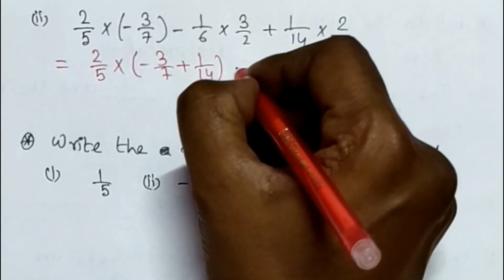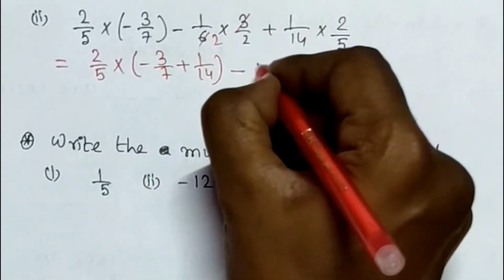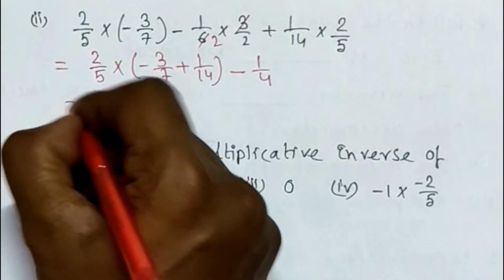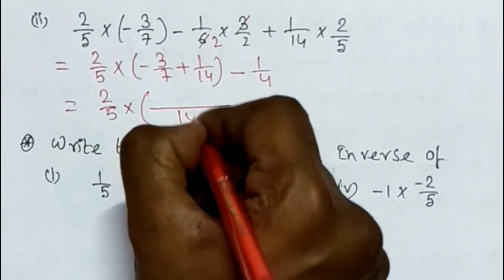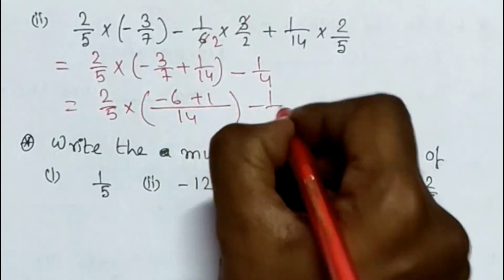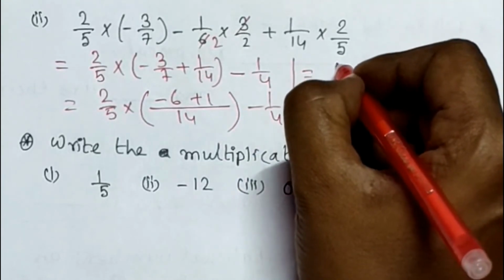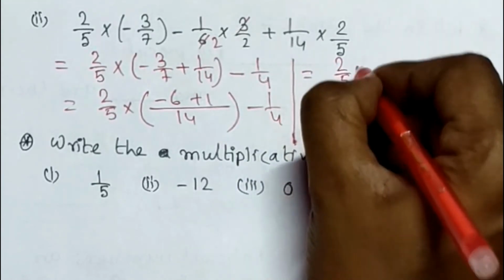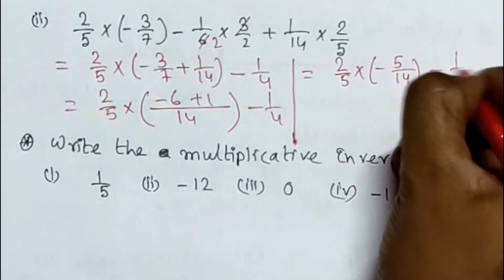We are using the distributive property here also, and this will give us 2 by 5 into, taking the LCM as 14, we will get minus 6 plus 1, minus 1 by 4. Okay, this is equal to 2 by 5 into minus 5 by 14 minus 1 by 4.